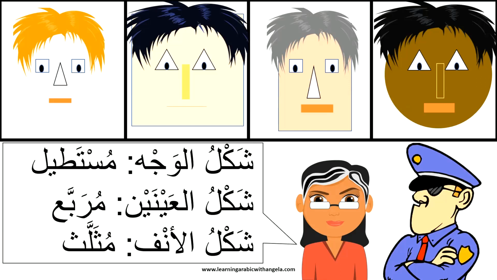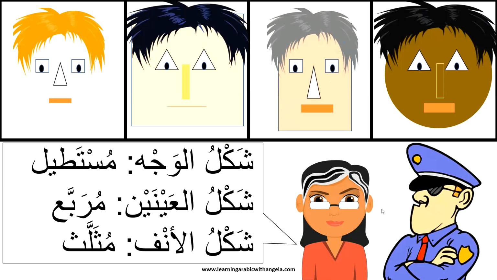So the shape of the eyes are square, like 4 sides. 1 2 3 4. شكل الأنف مثلث. 1 2 3. هذا هو المجرم. This is the criminal. So we're looking at a rectangular face. وجه مستطيل. Okay. شكل العينين مربع. وشكل الأنف مثلث. ممتاز. أحسنتم.